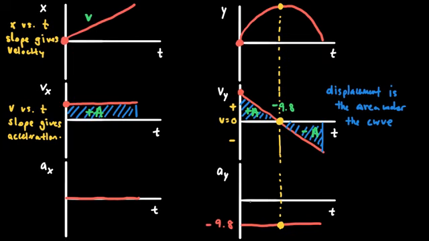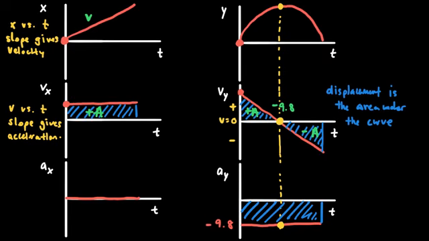So if I found the area under this graph here, I would know the change in velocity of the object. I would not necessarily know what the initial velocity and the final velocity were, but I could at least figure out by how much the velocity changes.